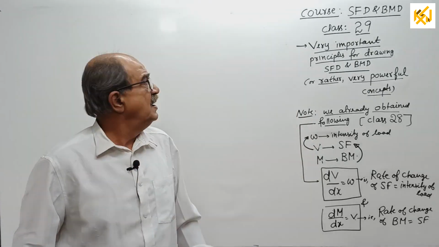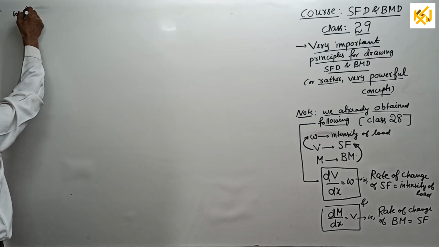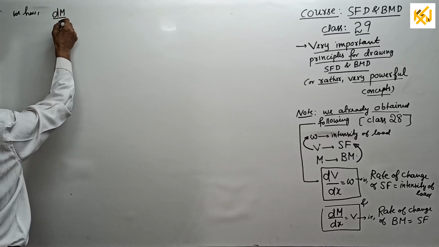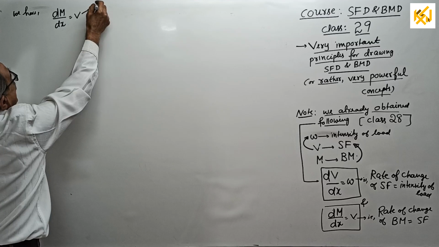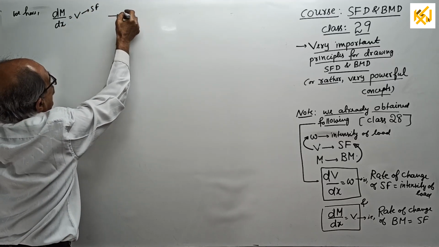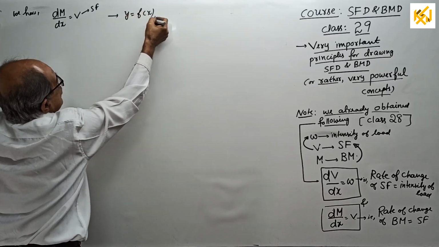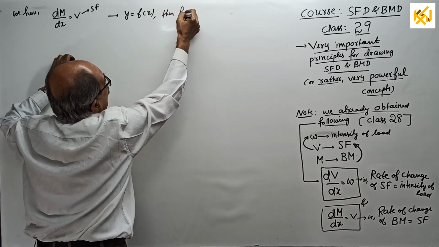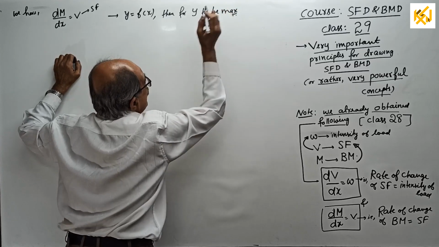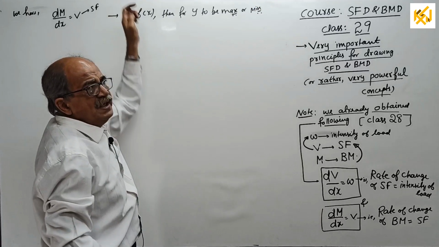Now, lastly, the most powerful part. We have dm by dx is V. V means shear force. I already told you. See, we already know that if y is f of x, pure mathematics, then for y to be maximum or equally important minimum, both, usually you get maximum.